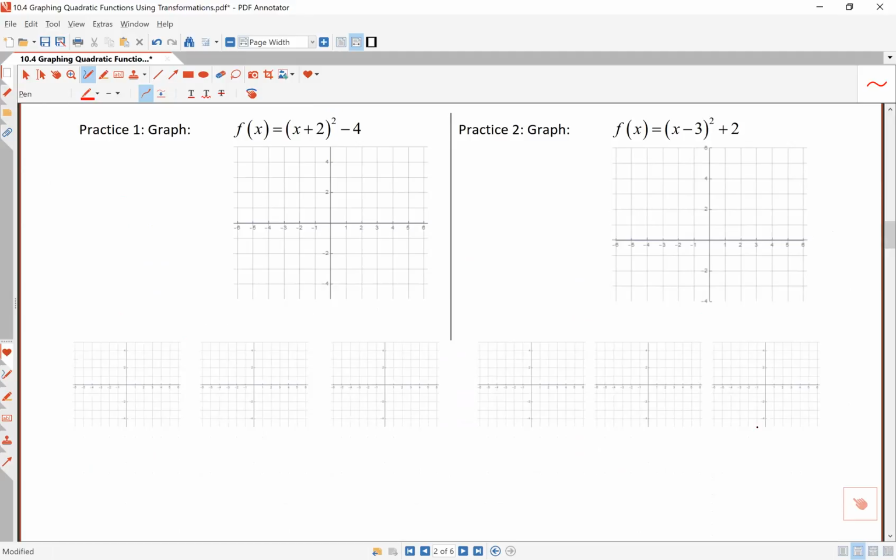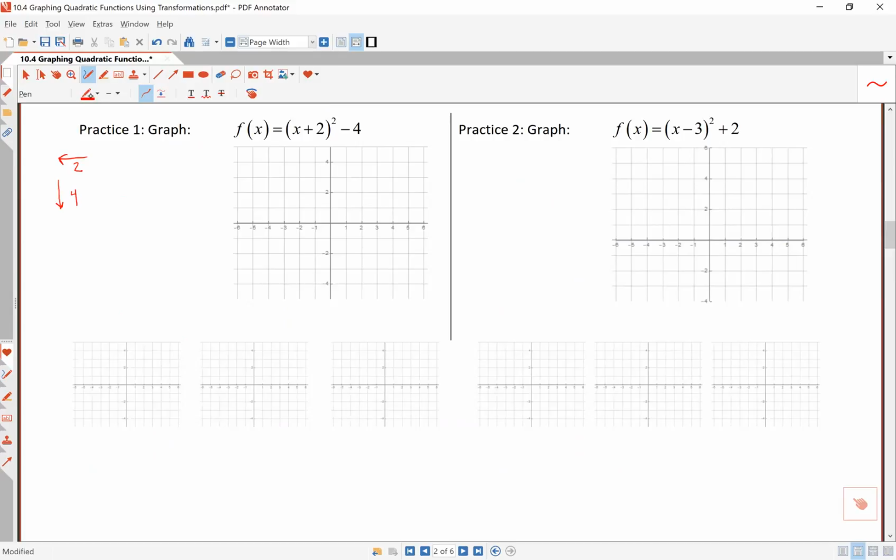Now that you've had a chance to work these out, I'll work these out with you. So the idea behind this now is to understand that the x plus 2 is going to shift the graph left 2 units, and then the minus 4 is going to go down 4.